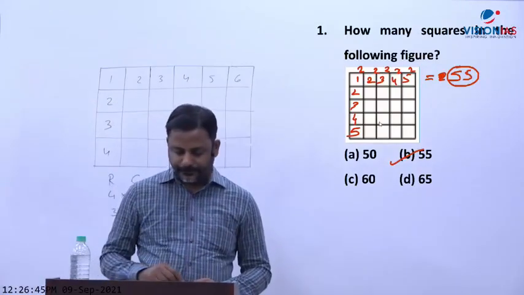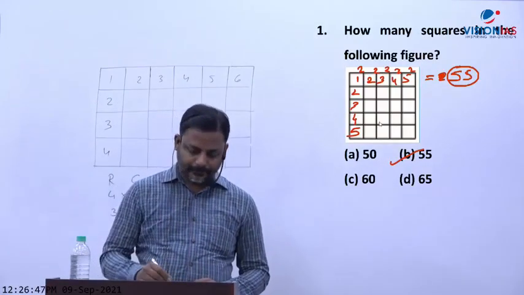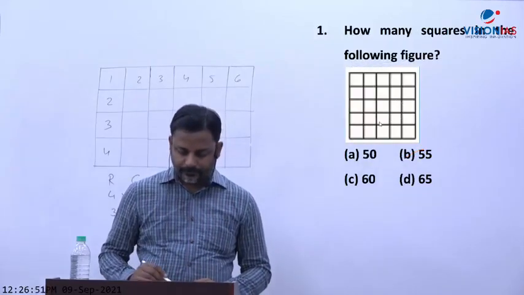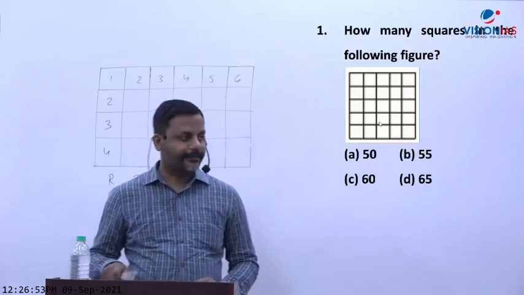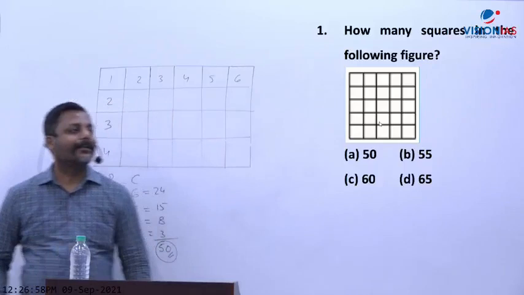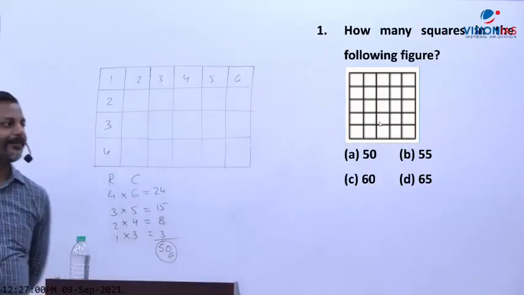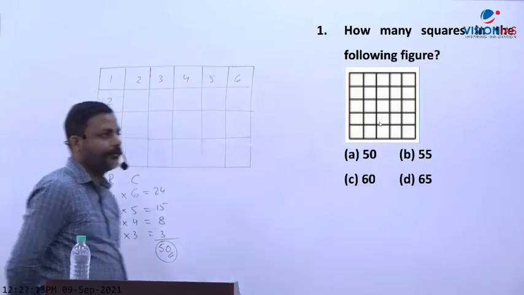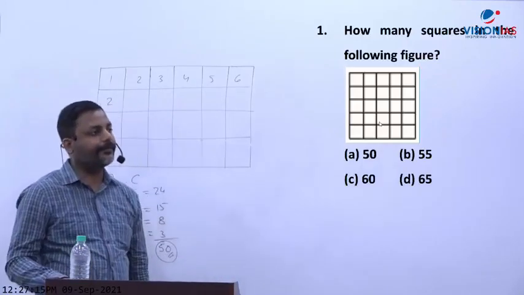So, now solve this. Now visible? Okay. So how many squares are there in this figure? Okay. Devendra is saying 55.